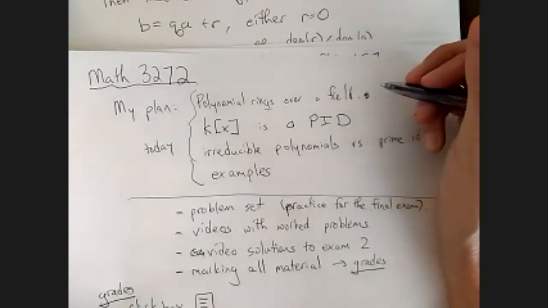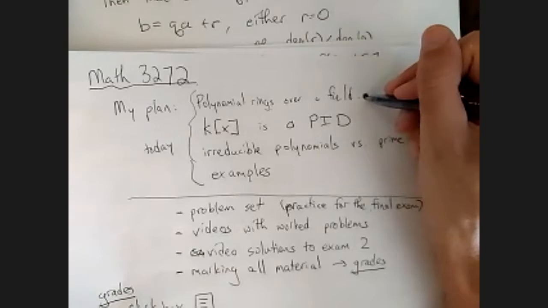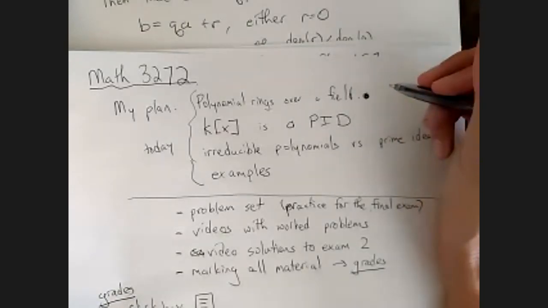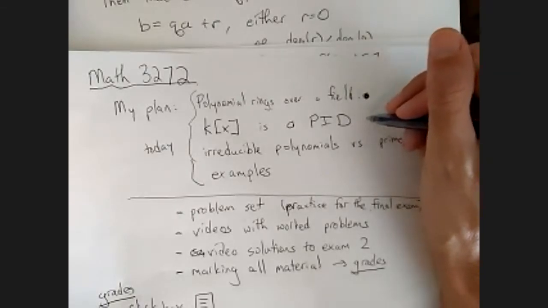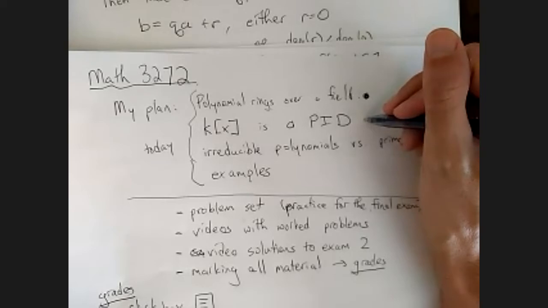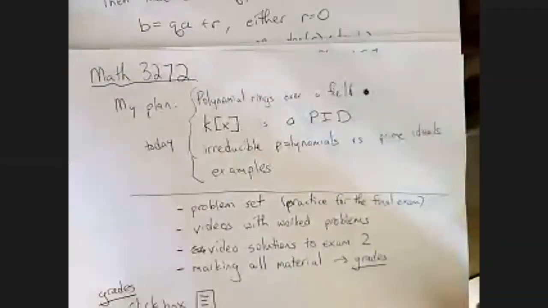Okay, so we started to talk about polynomial rings over a field, and we've talked about the division algorithm. So let's talk about how every ideal in K[x] has to be a principal ideal.